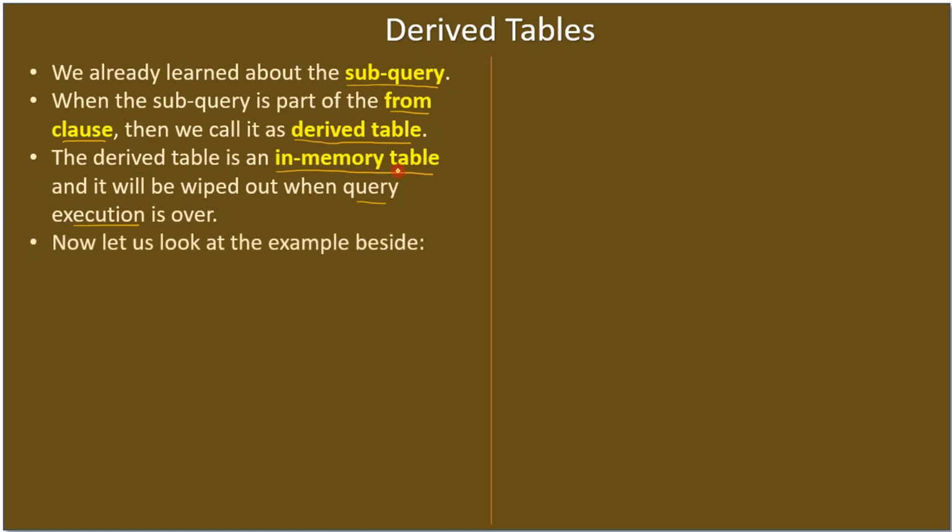Now let's look at the example beside. Here if you say select from titles as T, so that's one table.